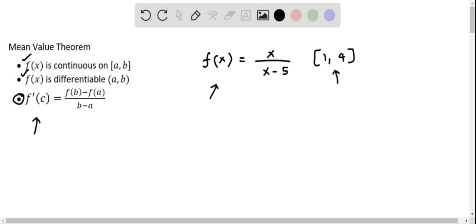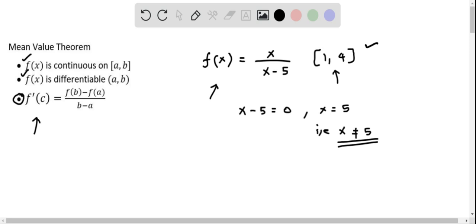Here the denominator is x minus 5. If we let this denominator equal 0, we get x equal to 5. That is, when x equals 5, the function is not continuous, so x should not be 5. So we can clearly see that the function is continuous on the closed interval 1 comma 4.